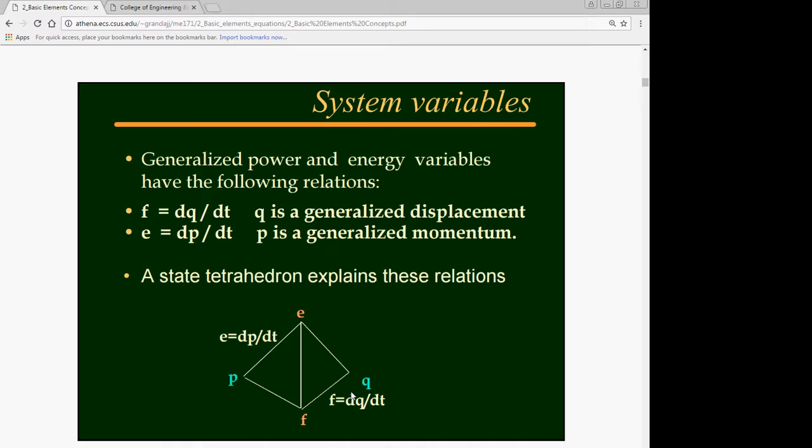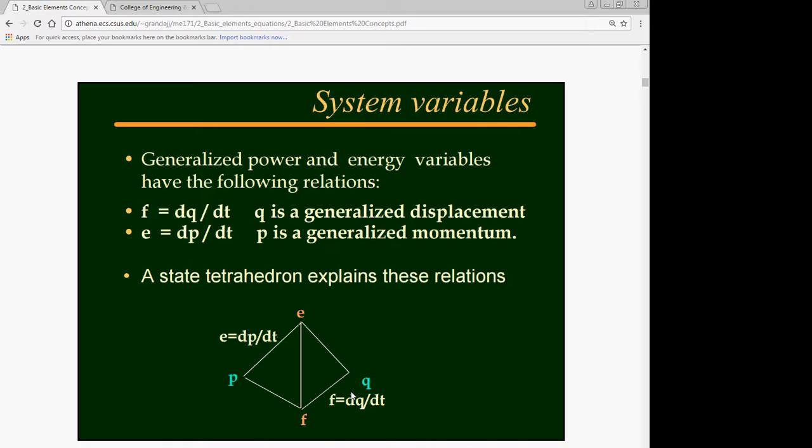So what Paynter is saying is if you approach it that way, then it's possible to do modeling and simulation of a system that has variables in different energy domains, composed of components that might be hydraulic, electrical, or electrohydraulic, a combination of these.